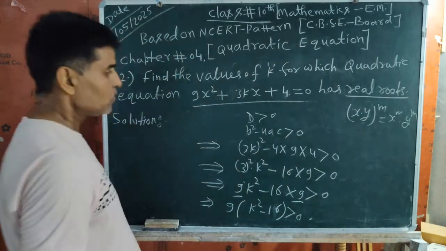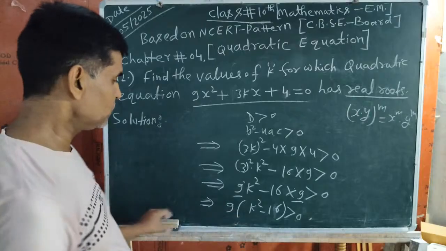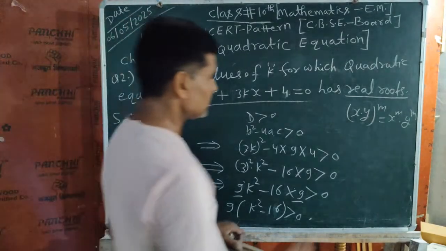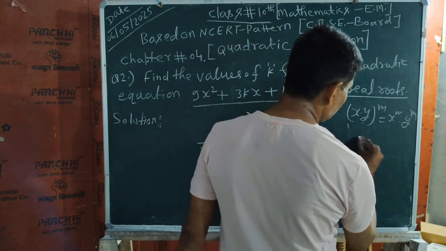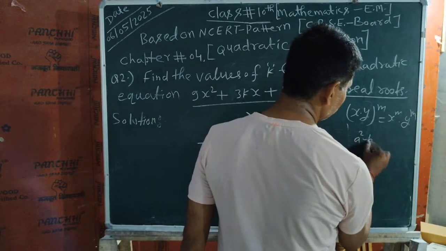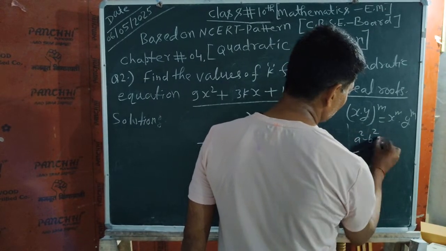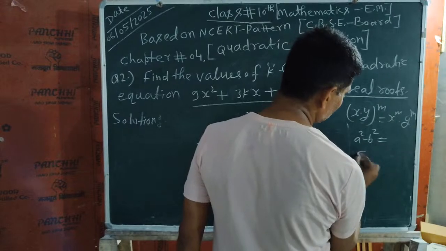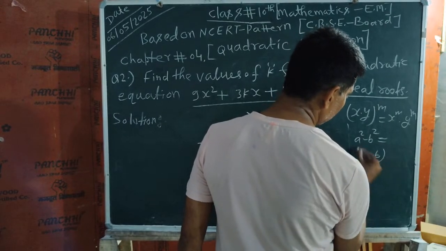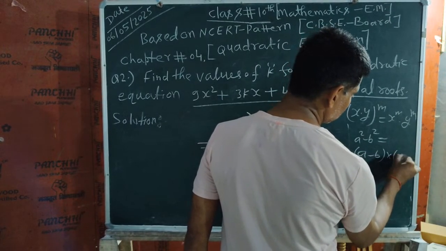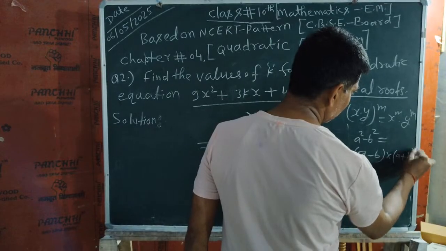Okay student, further I will simplify its value. So I am going to write one formula: a square minus b square is equal to, in one bracket I write a minus b, and in the second bracket I write a plus b.